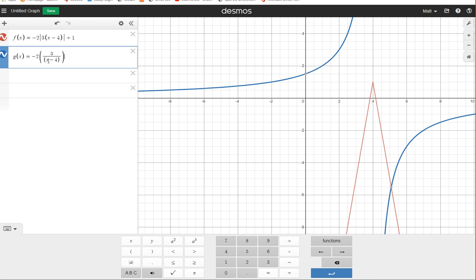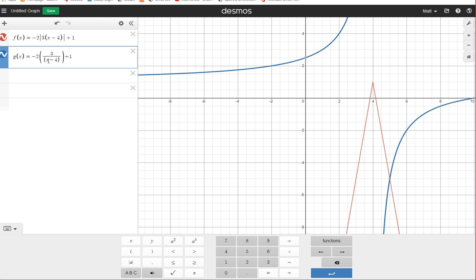So I'm going to get all the way outside those brackets, and I'm going to go +1, and then I'll shift it up 1. So these are the exact same transformations, but they look a bit different because this is the reciprocal function. I want you just to see how these look.